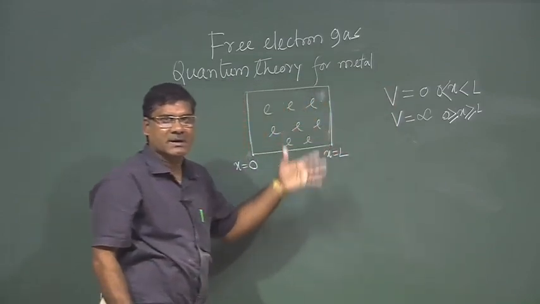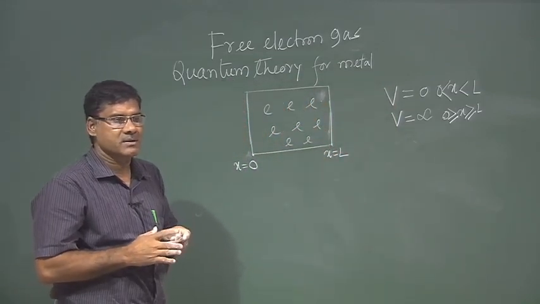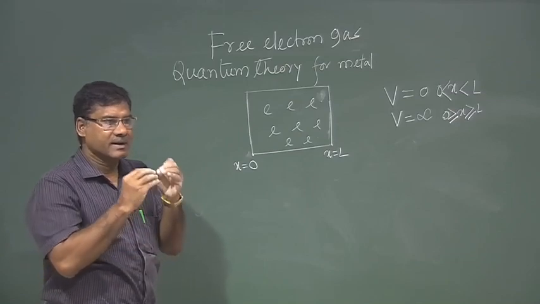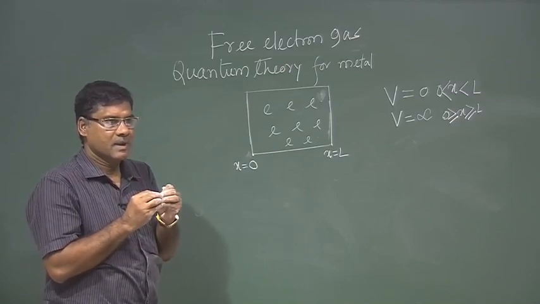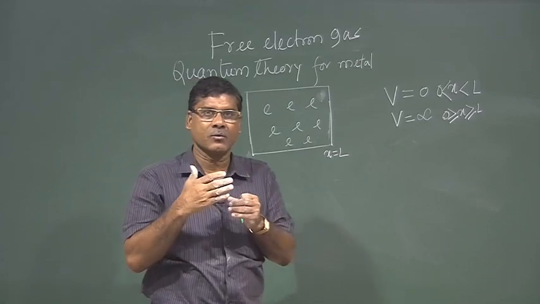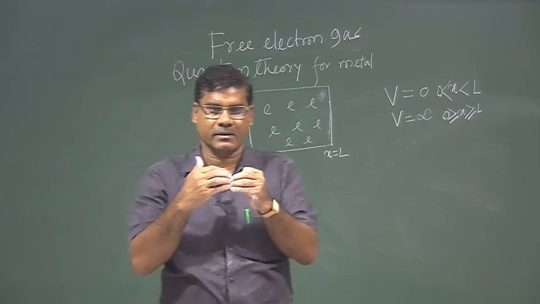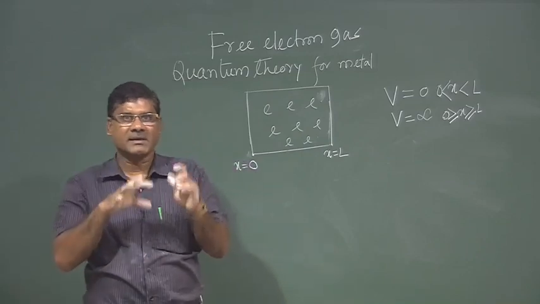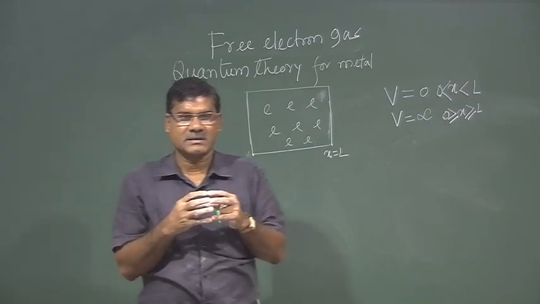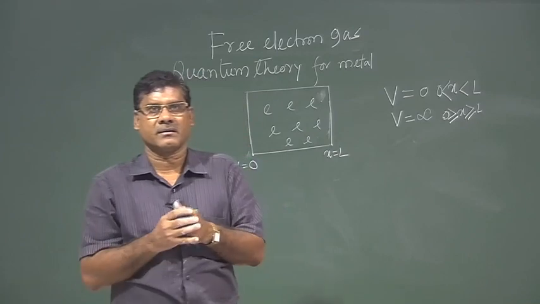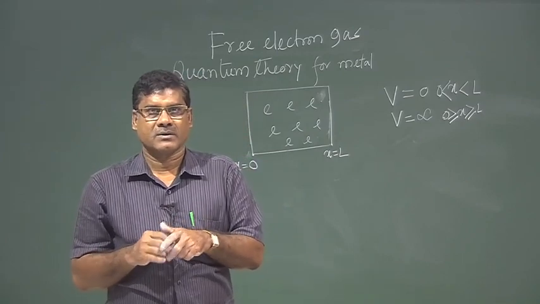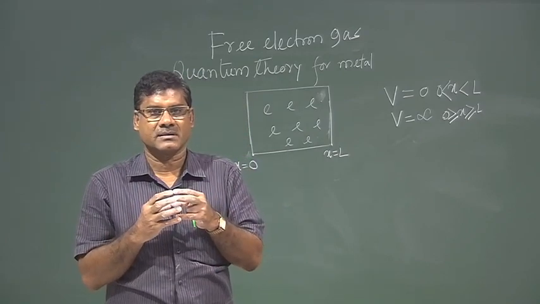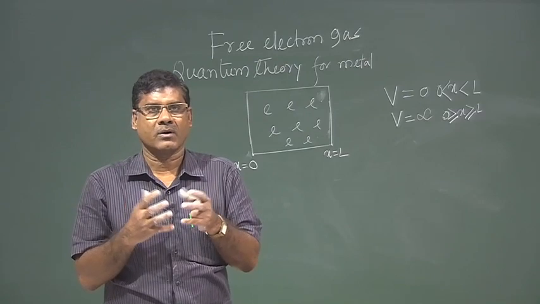We mentioned that electrons are in the metal, and that even at room temperature they do not come out from the metal. And simultaneously we are seeing that electrons are free inside the metal. So, that means its potential is very small or 0.